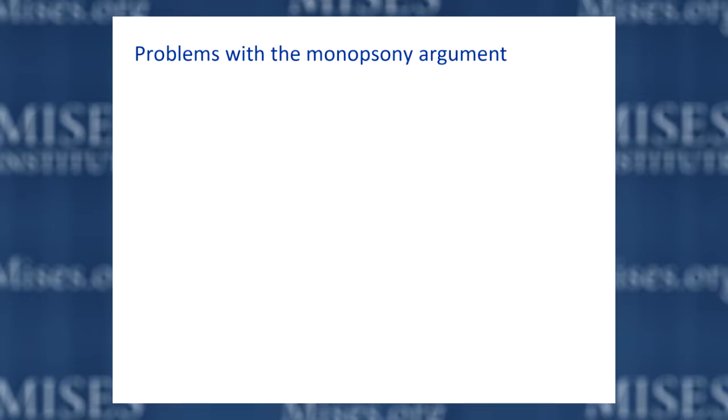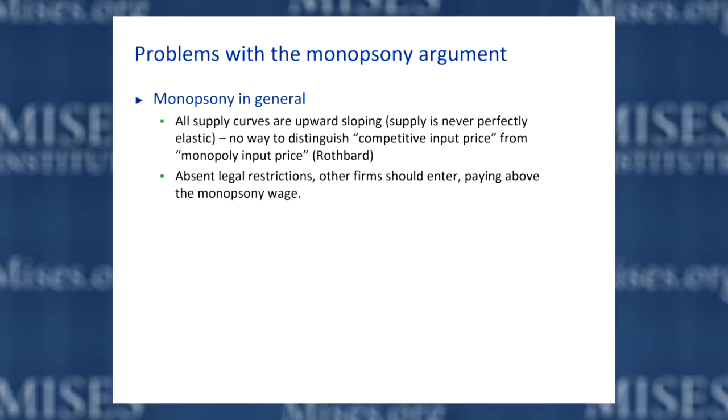What's wrong with the monopsony argument? Well, lots of things. We could start by approaching this problem the same way that Rothbard and Armentano approached the monopoly problem. We can say, well, look, all supply curves in input markets are upward sloping. There's no such thing as a perfectly competitive labor market.